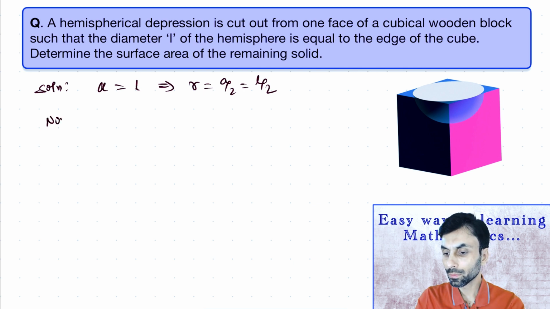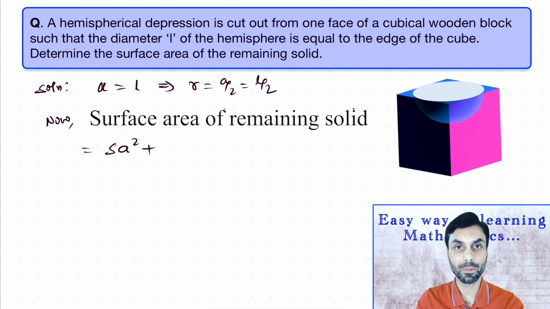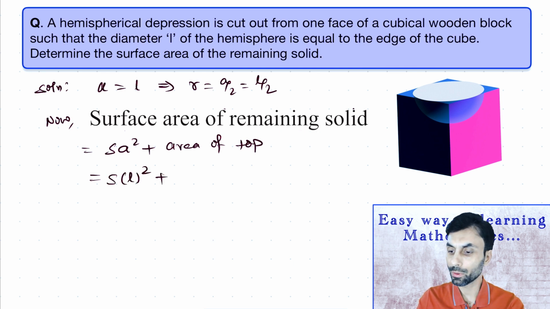Now the surface area of remaining solid will be equals to 5a square for 5 surfaces of the cube, and then area of top, which will be 5 into L square plus area of top.